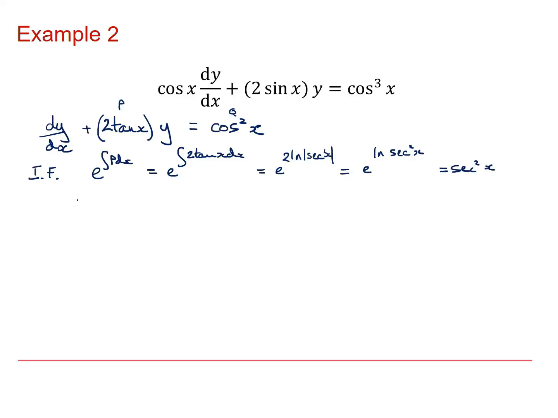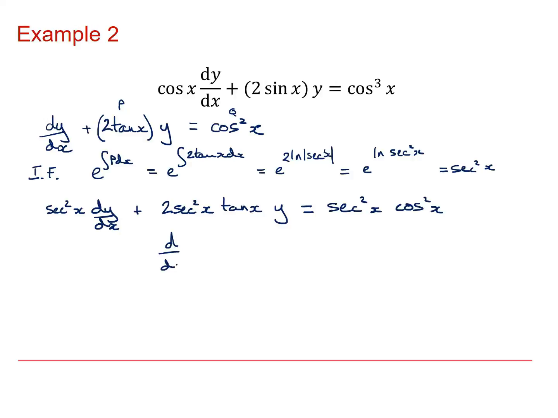So if I multiply through by my integrating factor sec squared x, I'm going to get sec squared x dy/dx plus 2 sec squared x tan x y is equal to sec squared x cos squared x. Well, the left-hand side is a perfect derivative now.